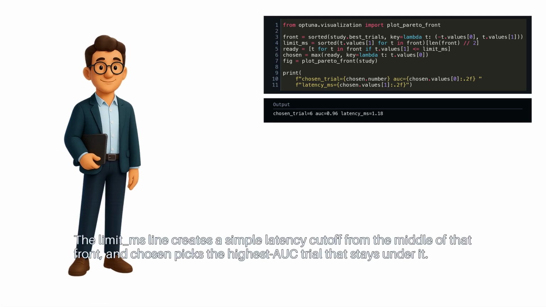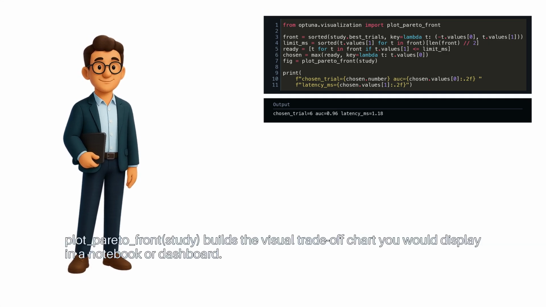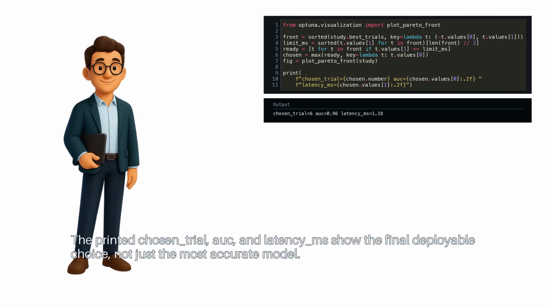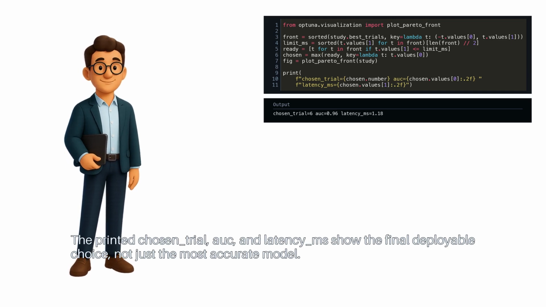The limit_ms line creates a simple latency cutoff from the middle of that front, and chosen picks the highest AUC trial that stays under it. plot_pareto_front(study) builds the visual trade-off chart you would display in a notebook or dashboard. The printed chosen trial, AUC, and latency_ms show the final deployable choice, not just the most accurate model.